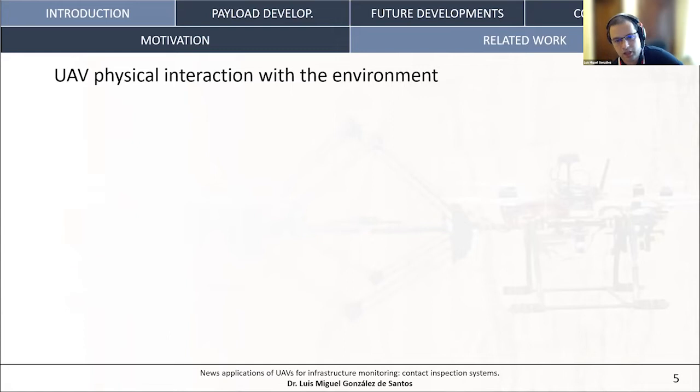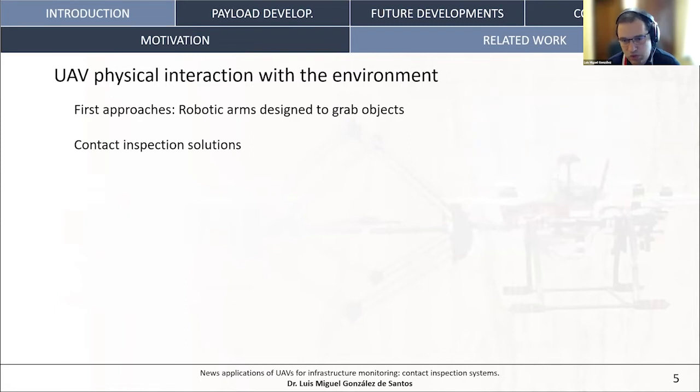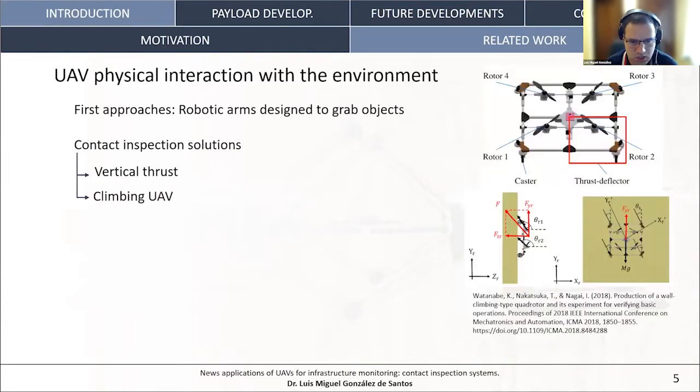So the UAV physical interaction with the environment is a field where several researchers have been working on. Initially, the developments were focused on installing a robotic arm to grab objects, which is not directly applicable to the contact inspection task. But in the last years, some authors have been working on developing these contact inspection systems, and different approaches have been proposed, such as the system based on a vertical gas to maintain the contact, or systems able to clean walls, as this one.